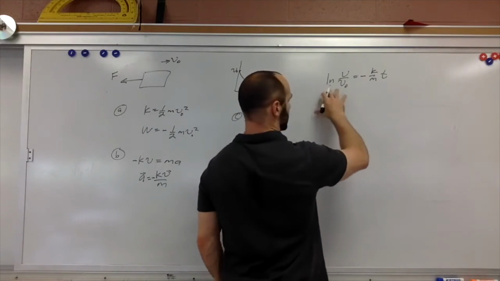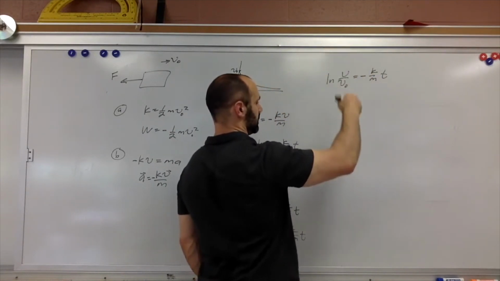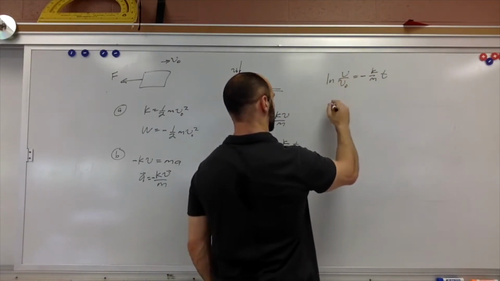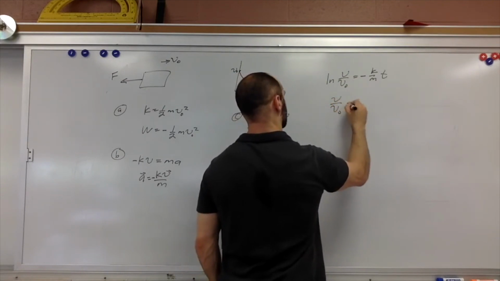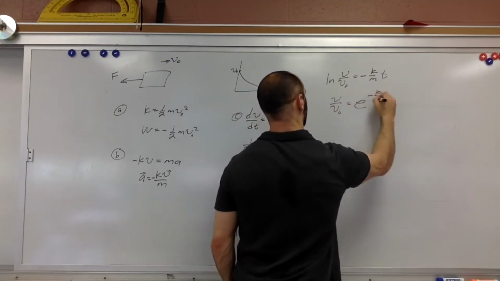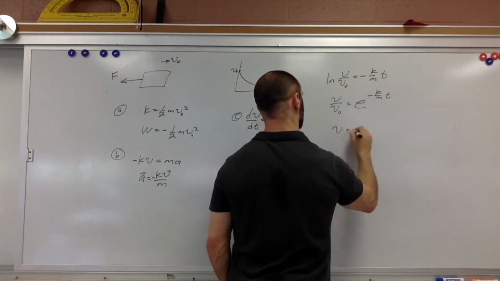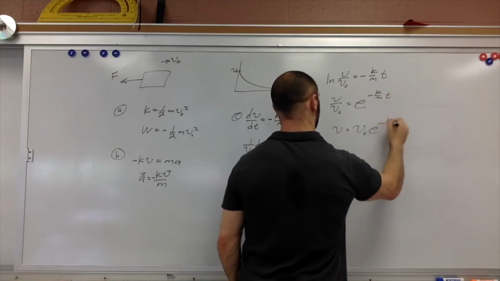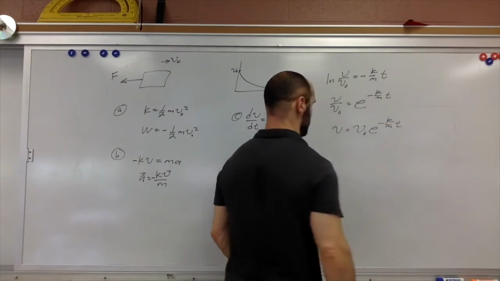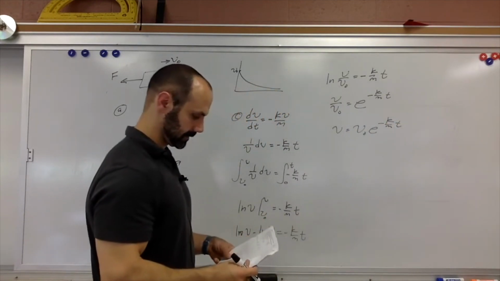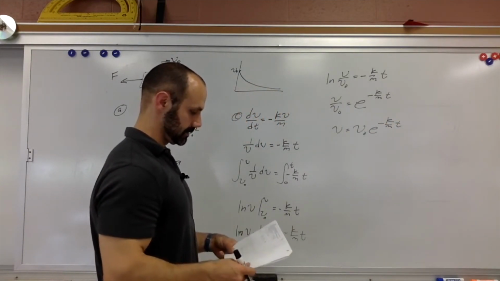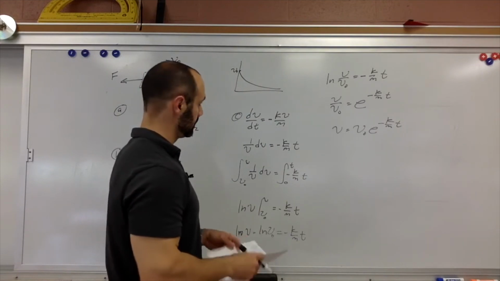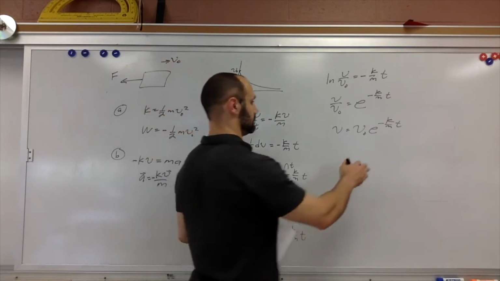So now, when I take e to the power of both sides, I get v over v naught equals e to the negative k over m times t. So v equals v naught e to the negative k over m times t. Okay, and so that's it.